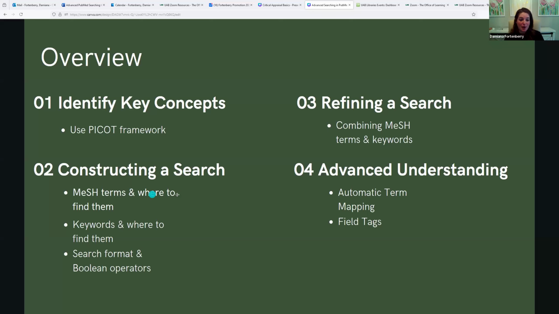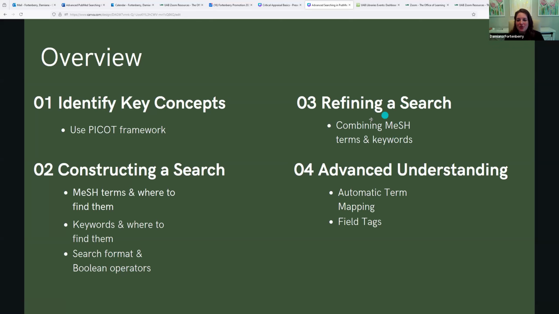Constructing a search is the next part, and that will include where to find MeSH terms and what are MeSH terms, keywords and where to find those, and then how to put those together in the right format, along with your Boolean operators, and then refining it.